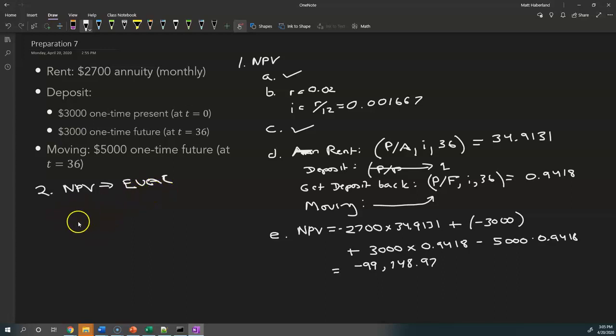We need the discount factor corresponding with spreading this amount as a payment over the next 36 months. So we need the symbol that gives us an A from a present value at whatever our interest rate is, corresponding with 36 months. All right, that's the one we need. So we can look that up in our table.